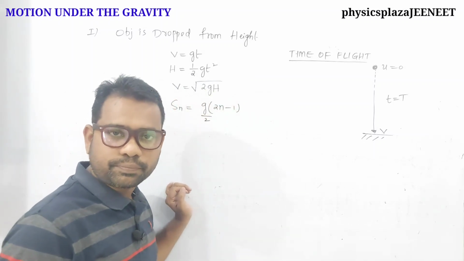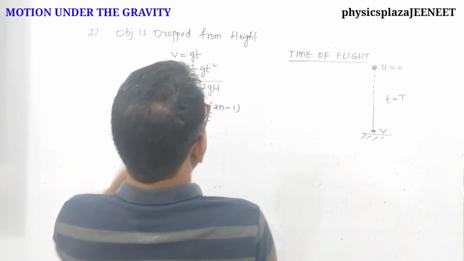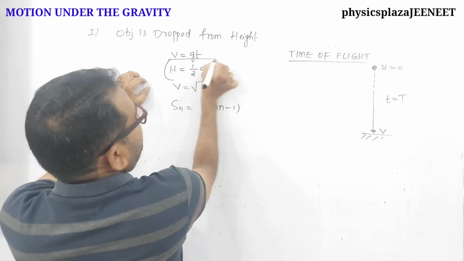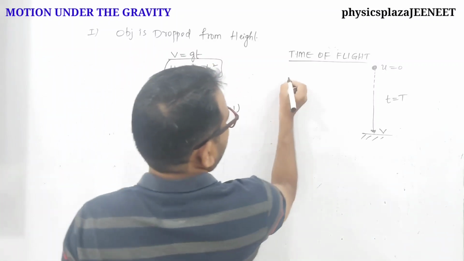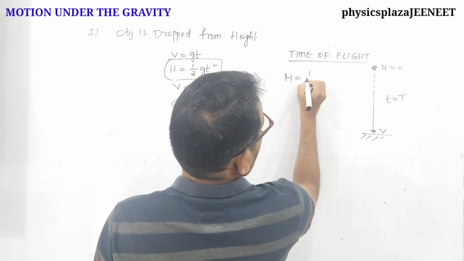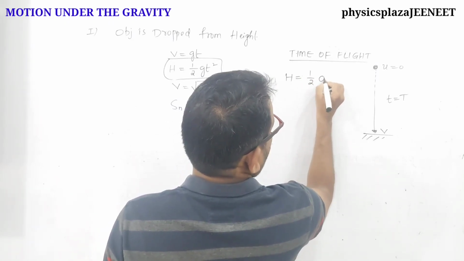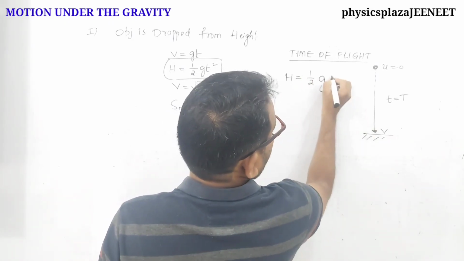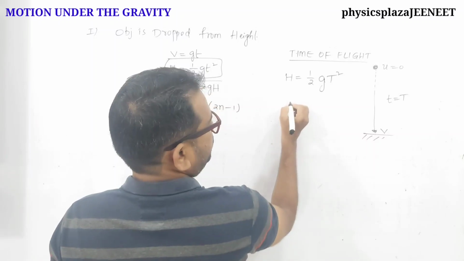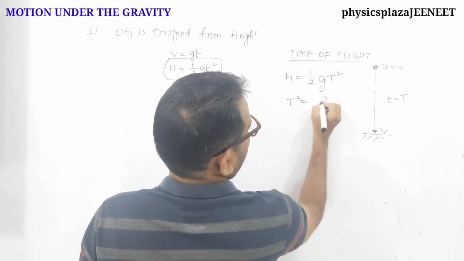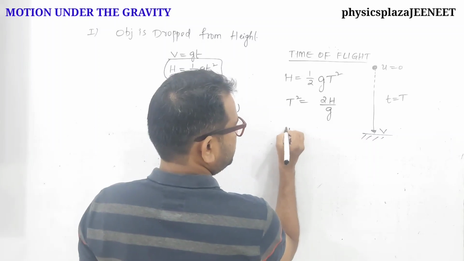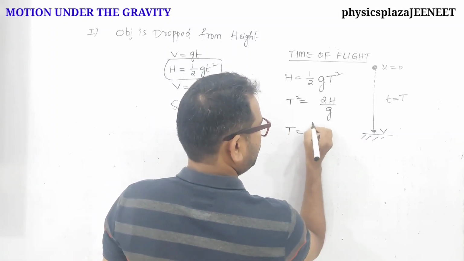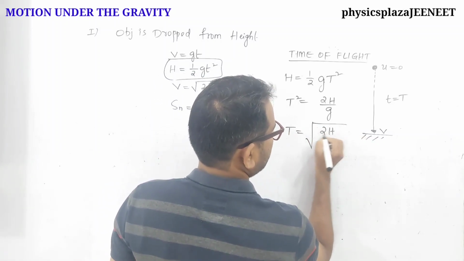Let us take here the second equation of motion: h is equal to half g t square, right? Here t is the time of flight. So can we write t square is equal to 2h by g, of course. So t is equal to square root of 2h by g.